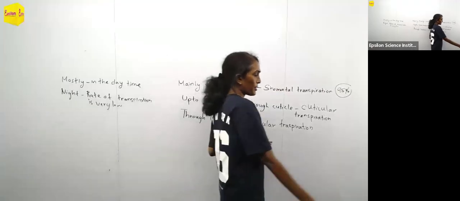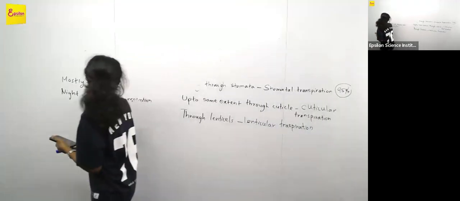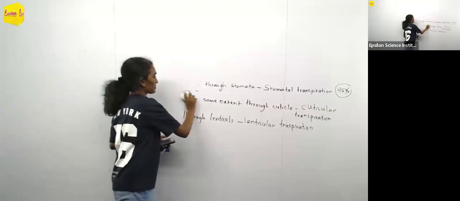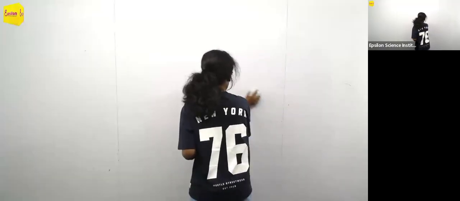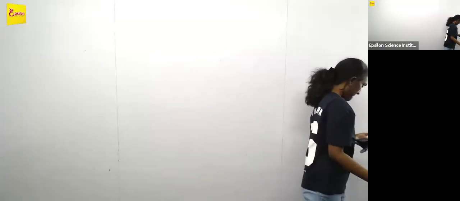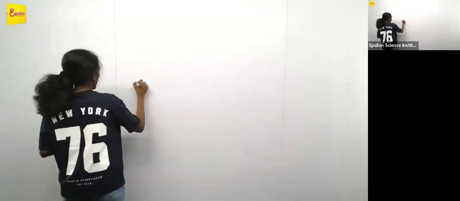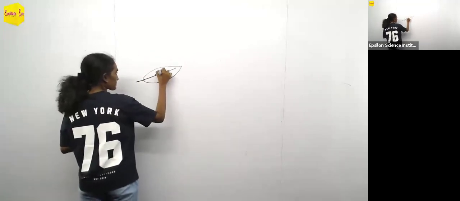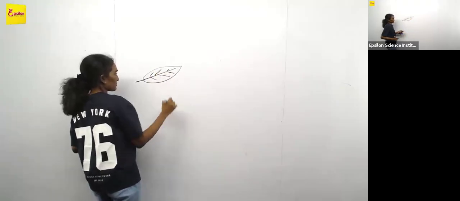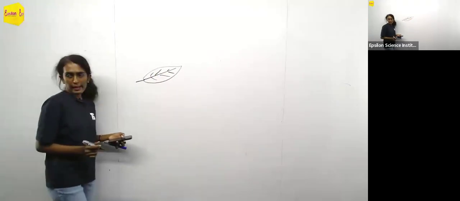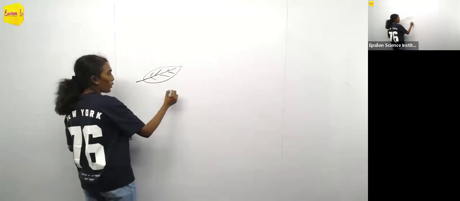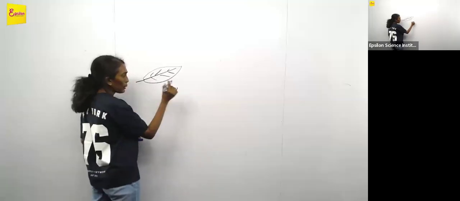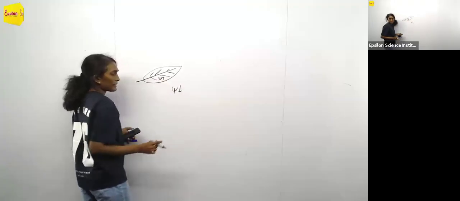Write the next topic, how transpiration occurs. If this is a leaf, usually the air outside the leaf is drier than inside the leaf. So the water potential outside is lower than the water potential inside the leaf, isn't it?